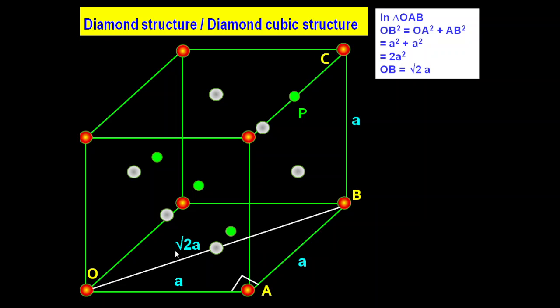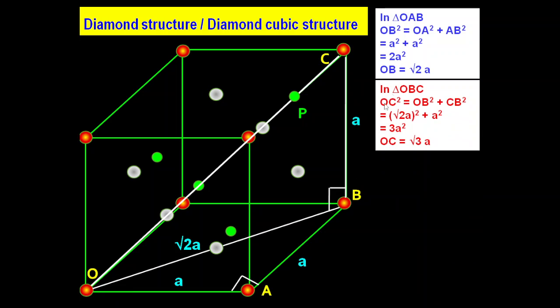Now suppose I join this O and C atoms, another diagonal, and this is another right angle triangle, OBC. I know the length of OB and BC. BC is the side of the unit cell A, and OB is the first diagonal, whose length is root 2 A. Now I can easily find OC.